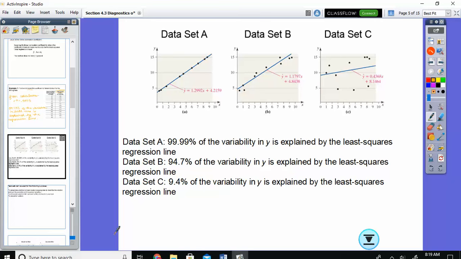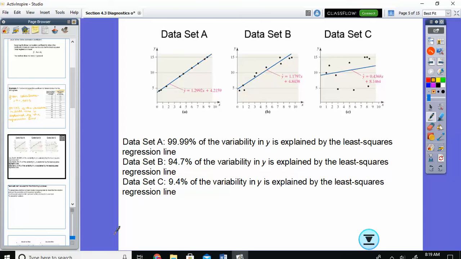That one, it's still fairly strong. That one's a 94.7%. This one, does that line fit the data very well at all? No. That one, the R squared is only 9.4%. So basically, the more spread out your points are, the less the line explains, the lower your R squared value. Does that make sense to everybody?